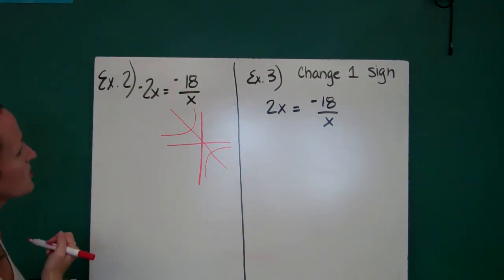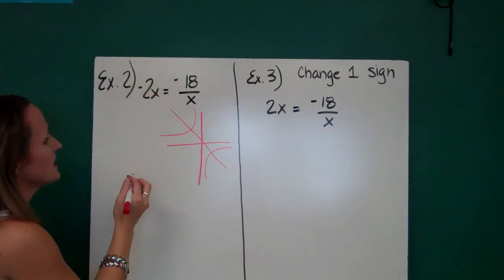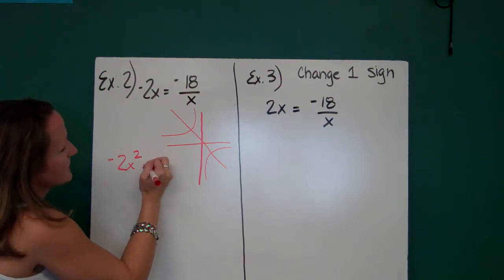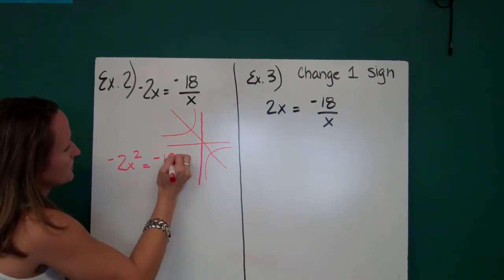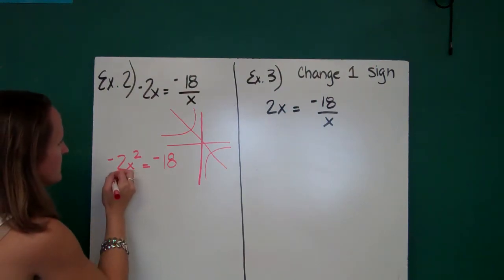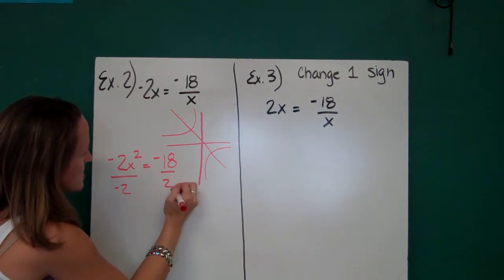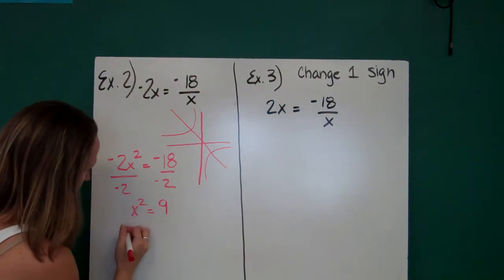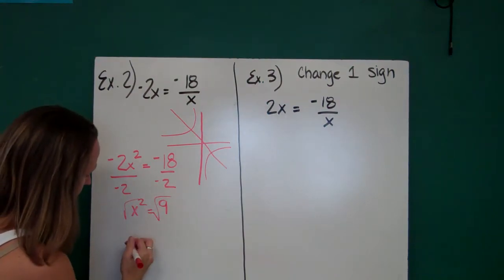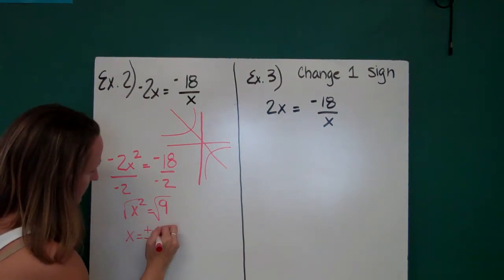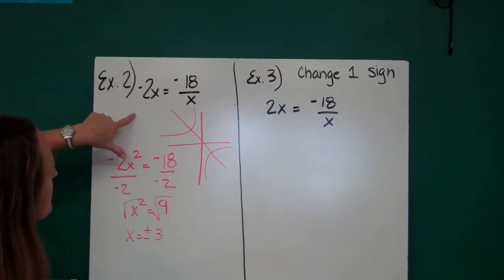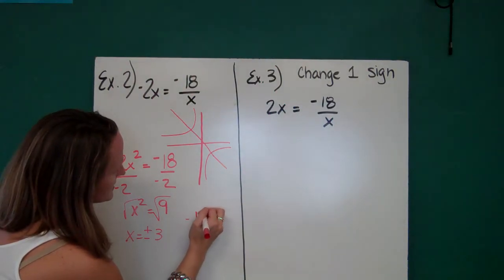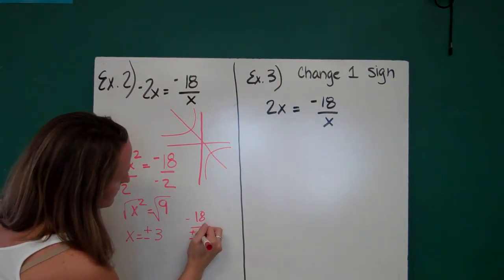Okay, so now when I solve for x, multiply both sides by x, I'm going to get negative 2x squared equals negative 18. Divide both sides by negative 2. I get x squared equals 9. Take the square root of both sides. x equals positive or negative 3. Okay? Then, to solve for y, plug that back in. Negative 18 divided by positive or negative 3.